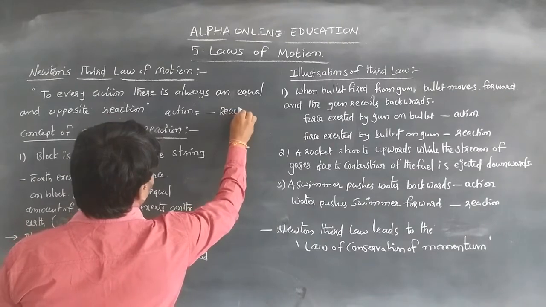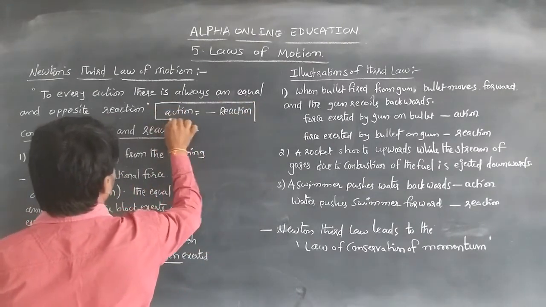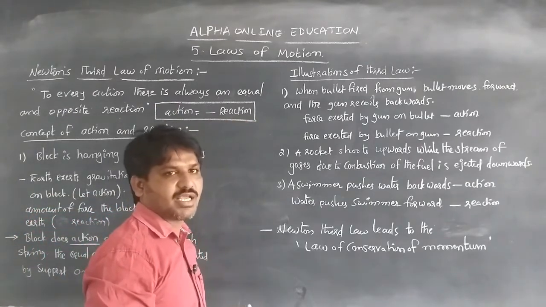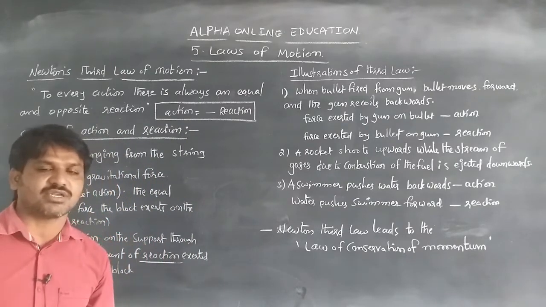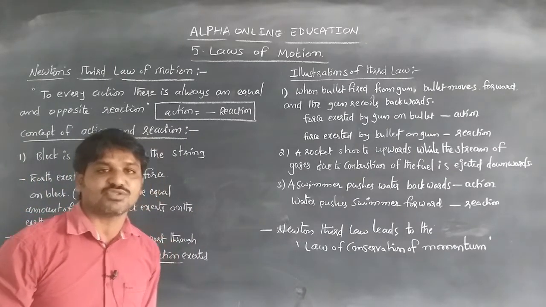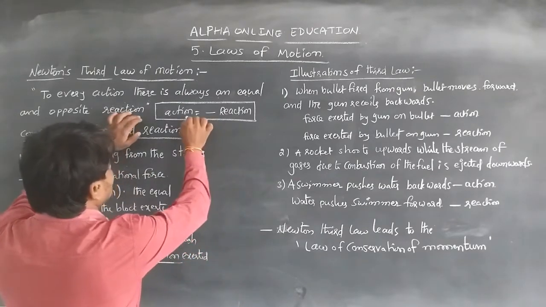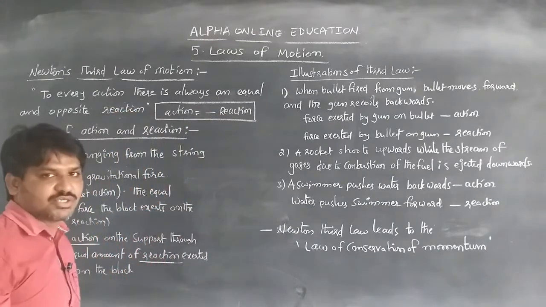The negative sign indicates that it is opposite to the action. Whenever the body reacts in the opposite direction with an equal amount of force, that is why action is equal to minus reaction in Newton's third law of motion.